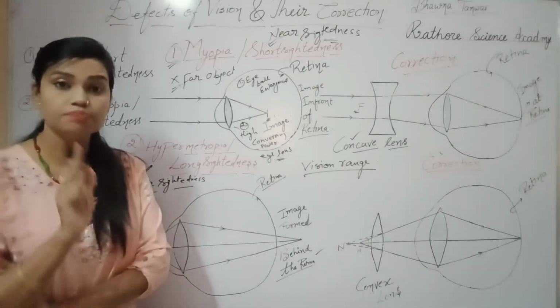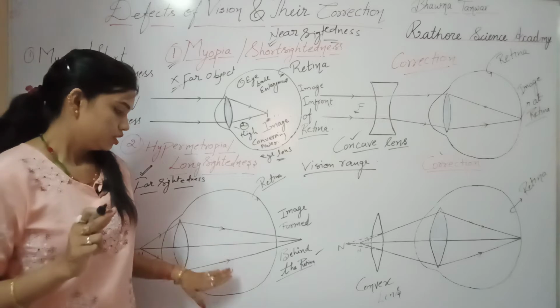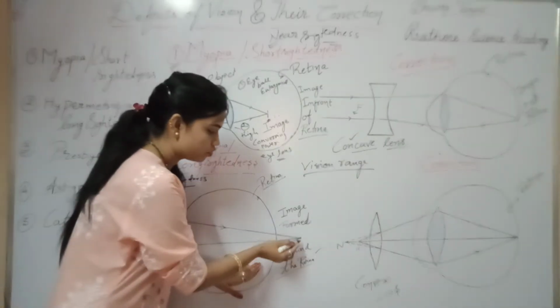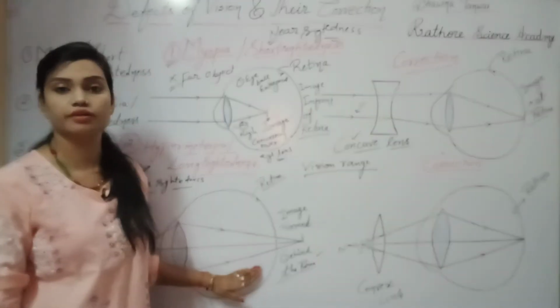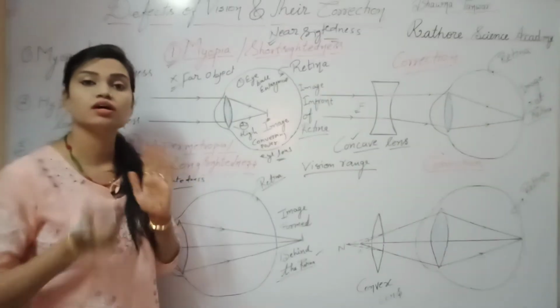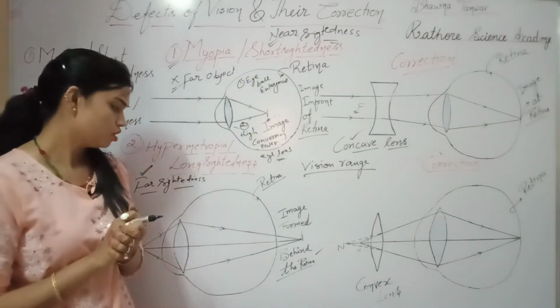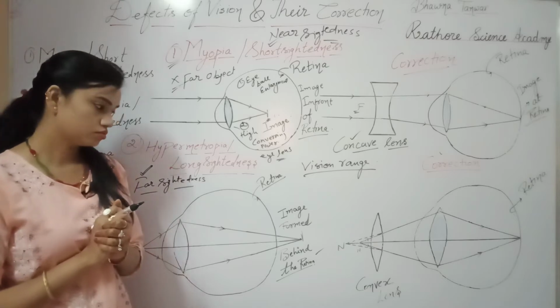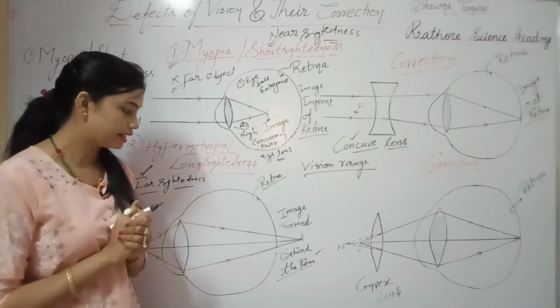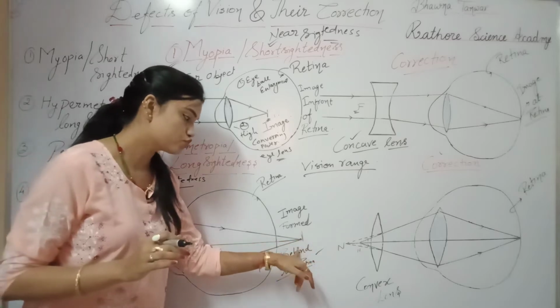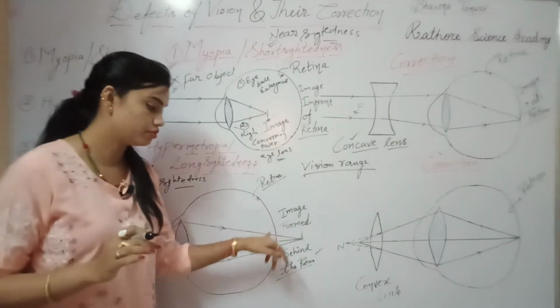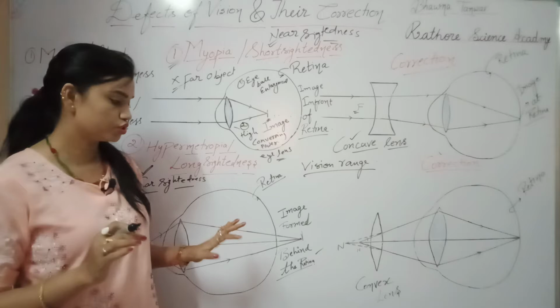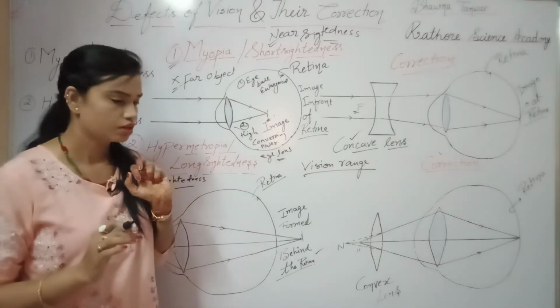Yes, in hypermetropia the image forms behind the retina. Now, to cure it, we have to make the image form on the retina.